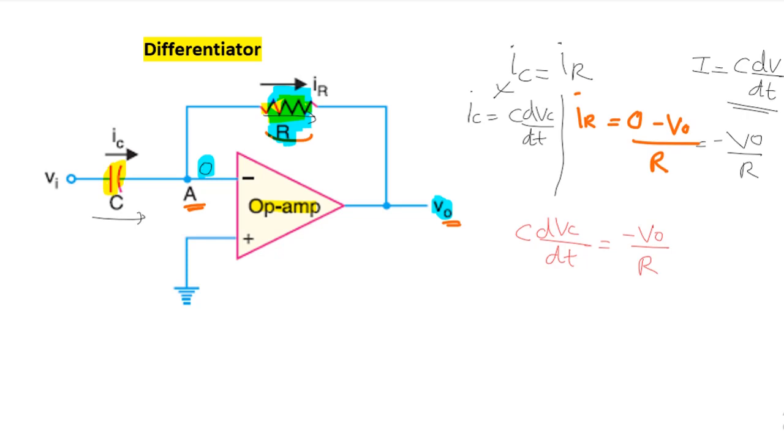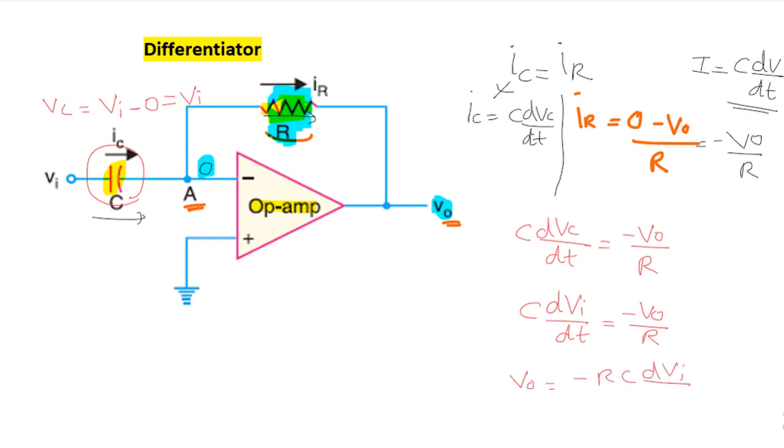Now what is Vc? Vc is the voltage across this capacitor, and that Vc will be equal to the input voltage Vi minus 0 voltage, that is equal to Vi. So Vc is equal to Vi. So this equation can be written as C into dVi by dt is equal to minus V0 by R, or the output voltage V out is equal to minus RC dVi by dt.